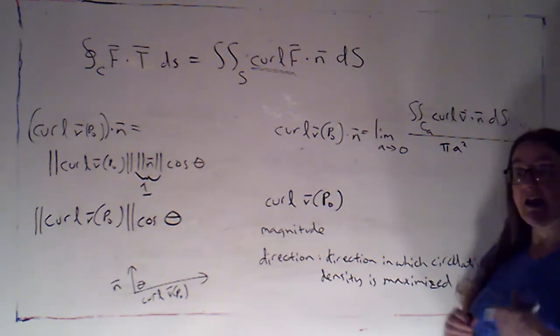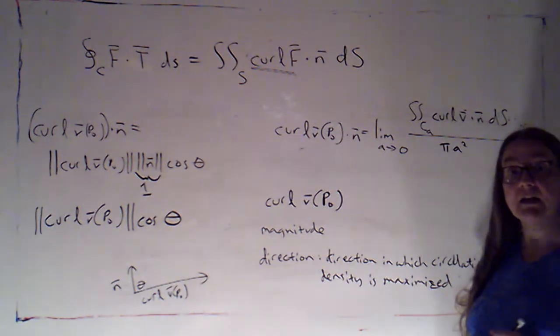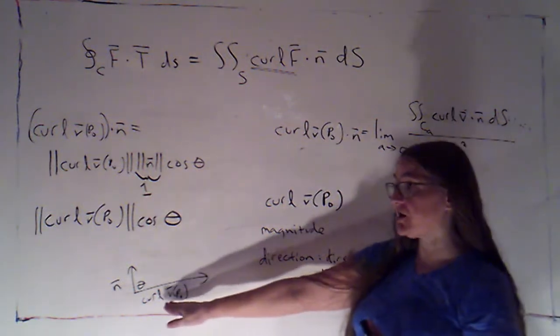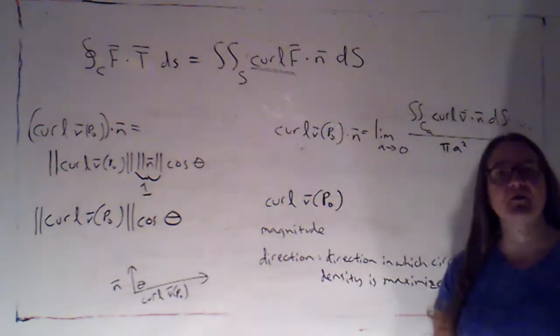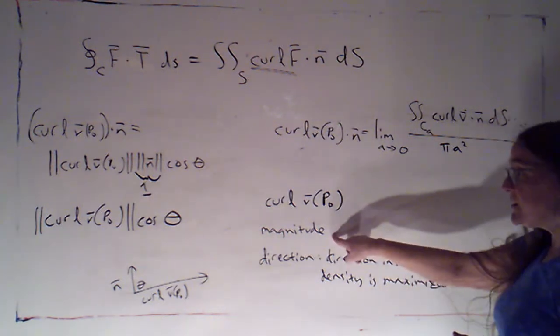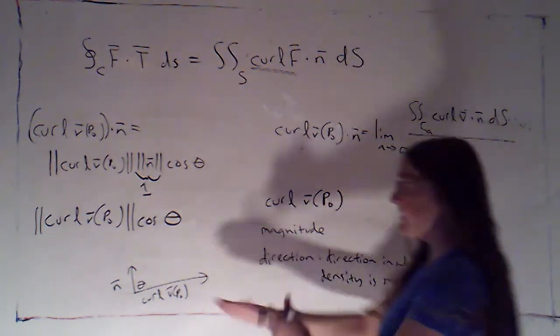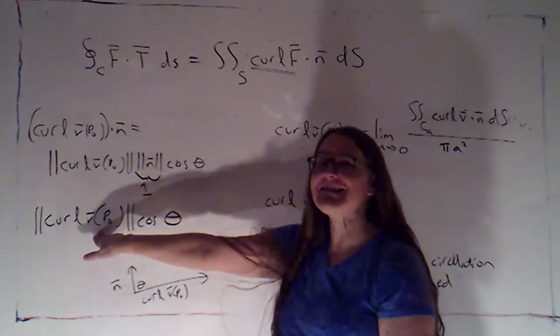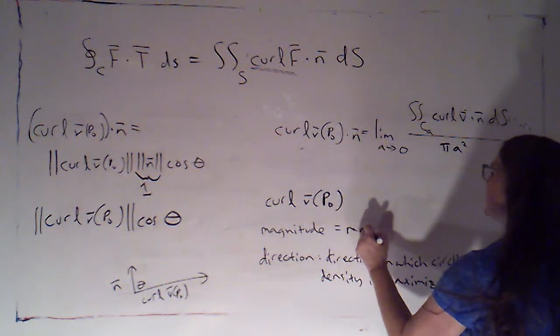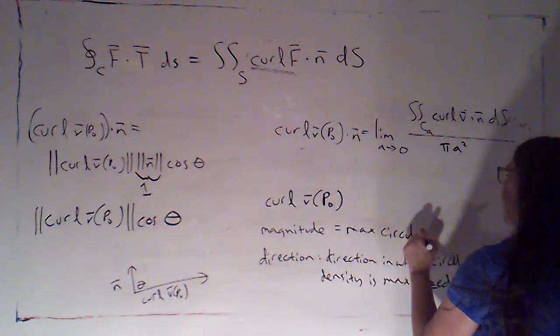Which essentially is, if I manage to put that paddle wheel in so that the normal vector is pointing in the direction of curl of v, that's the direction in which it's going to spin the fastest. Okay. And the magnitude, well, once I pointed in that direction, this is 1, this is the circulation density. So the magnitude is the maximum circulation density that we can get.